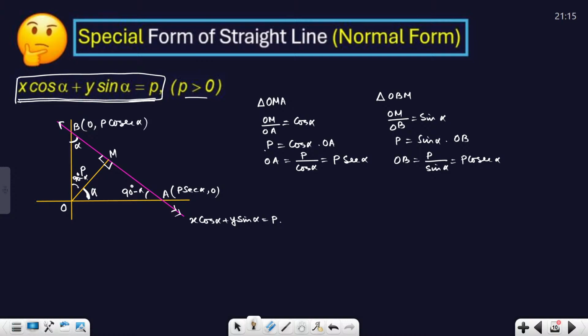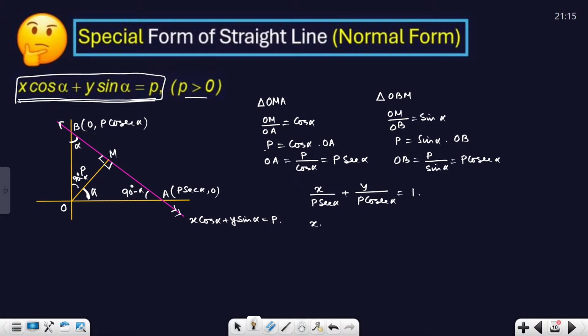Now I know the line which is intersecting the X and Y axis at 2 points. So if we apply the intercept form of a line, we are going to have the equation of this line AB: X by P sec alpha, Y by P cosec alpha is equals to 1.